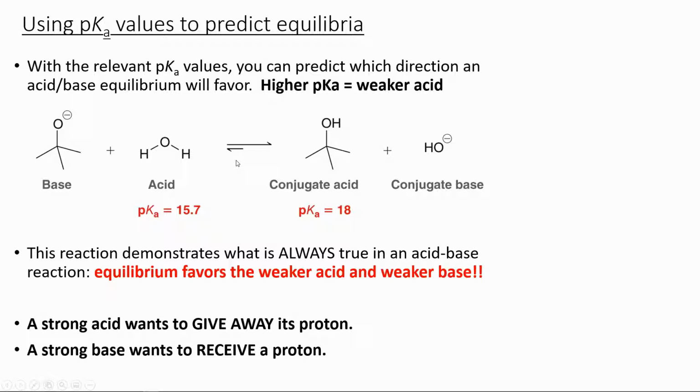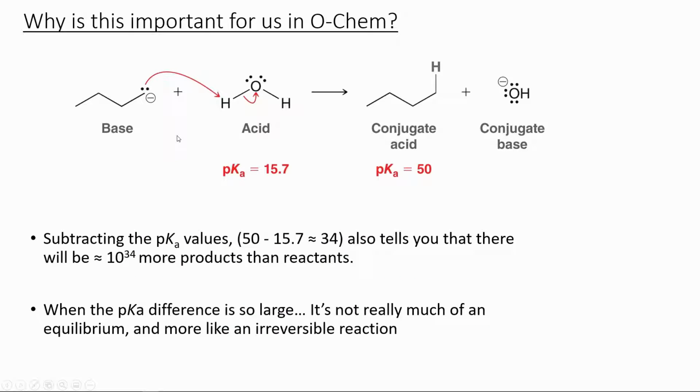Our pKa table and values allow us to predict the equilibrium for a reaction. So based on the pKa value, we can determine which of the acids wants to hold the proton more. Whichever one is the weaker acid is going to be more likely to hold the proton. So here we have a relationship between tert-butanol and water.